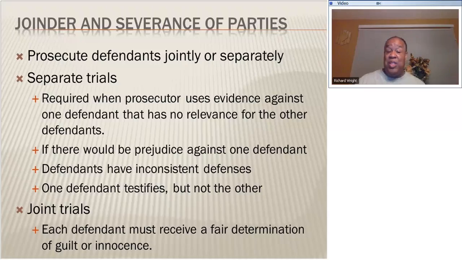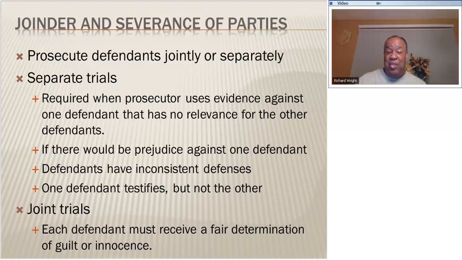One defendant is going to testify, but the other is not. It's another instance. Let's say there were consistent defenses, even consistent, not inconsistent, and I decided my client's not going to testify.